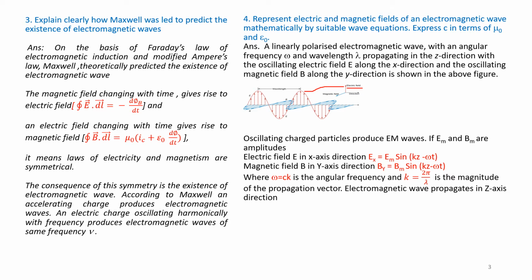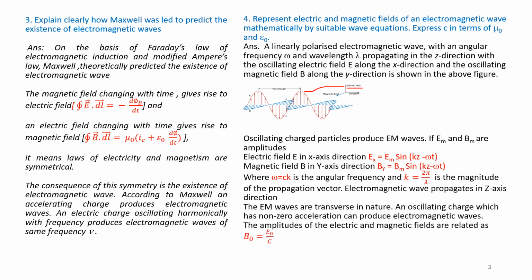This is the x-axis electric wave, the y-axis is the magnetic wave, and the direction of propagation is the z-axis. Therefore, the electromagnetic waves are transverse in nature because all three are perpendicular to each other.